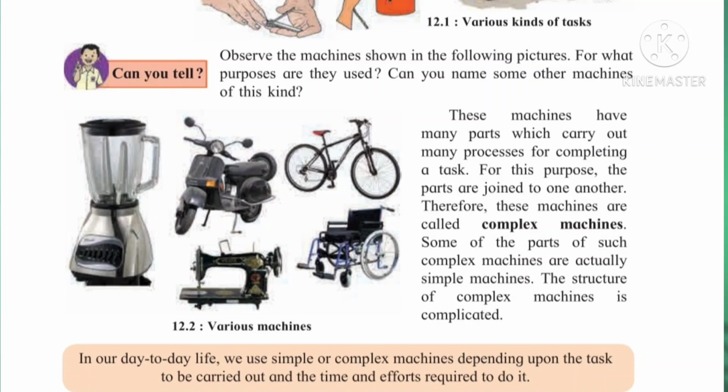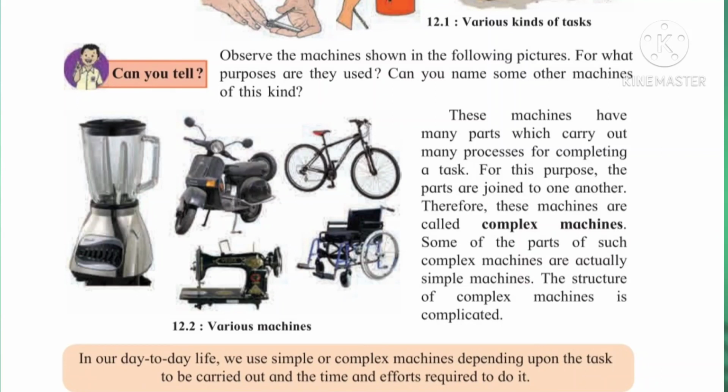Their structure is complicated, because many parts are joined to form a device. Some of the parts of such complex machines are actually simple machines.